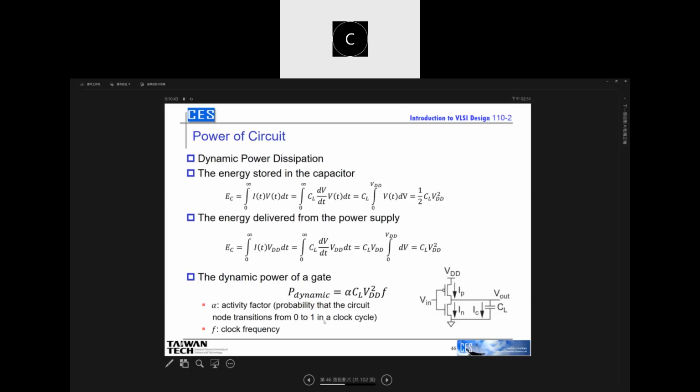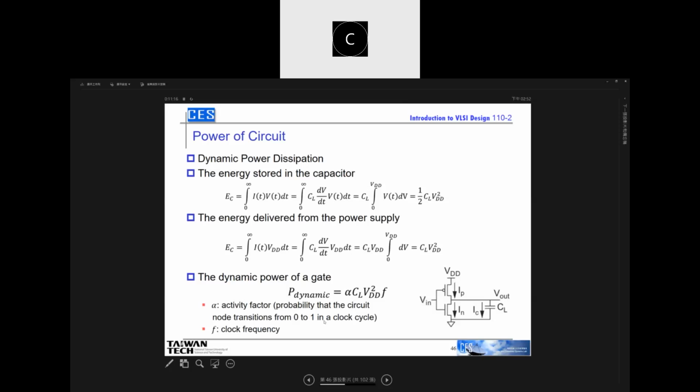If you have a circuit, for example for the purpose of multiplication, that doesn't mean this multiplier always performs the operation of multiplication, right? You only perform the multiplication when, for example, your input data is updated. Otherwise, if your input data is not updated, or you don't have new input data, then the multiplier is not operated.